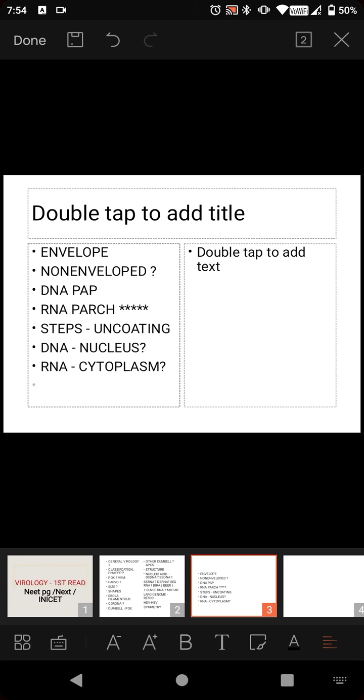RNA: cytoplasm, except retro and orthomyxovirus. Then coming to assembly. Assembly is by packaging. Packaging of DNA virus happens in the nucleus, basic common sense, and RNA in the cytoplasm. Then maturation and release: by lysis of the host cells, or sometimes by budding through the host cell membrane.